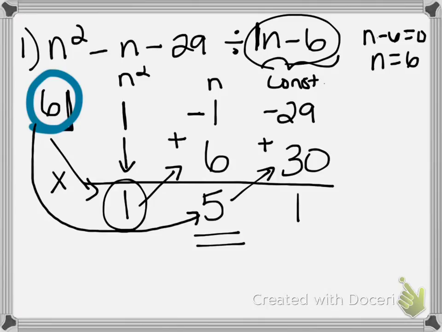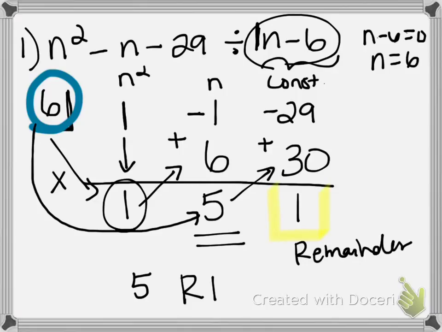Okay? So, one thing that you have to know is that this number here is always your remainder. The last number is always the remainder, so I know I have a remainder of 1. And then you work backwards. So I have my constant.